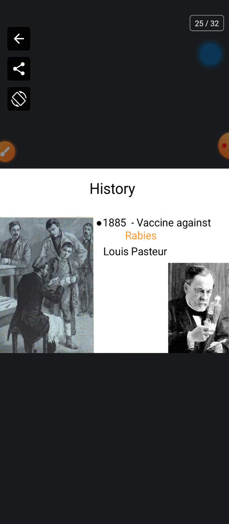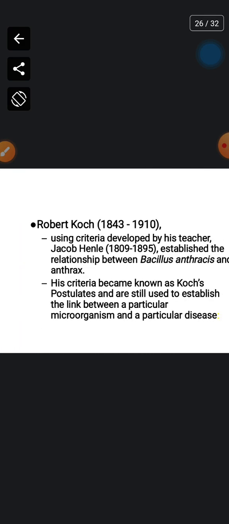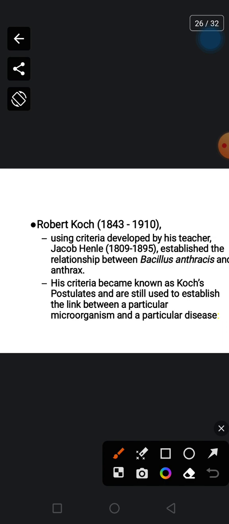There is again a history that in 1887 a vaccine against rabies was generated by Louis Pasteur. And Robert Koch developed a criteria from his teacher Jacob Henle, and he established a relation between Bacillus anthracis and anthrax. Bacillus anthracis is a bacterium which causes anthrax.